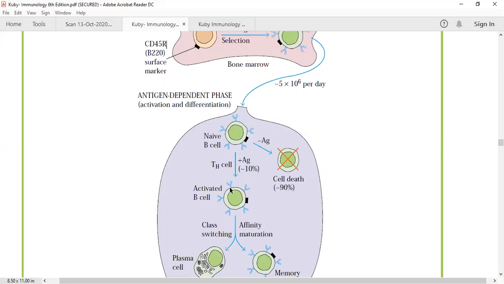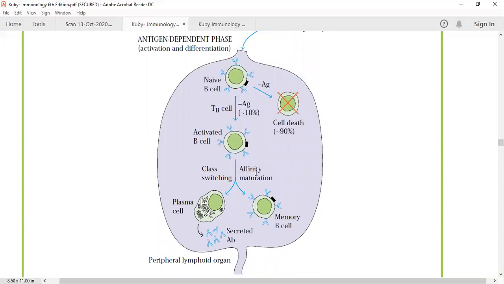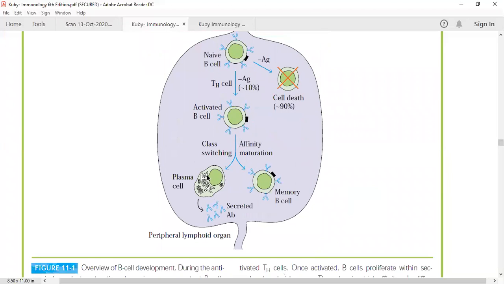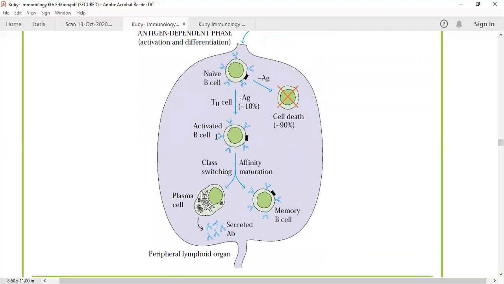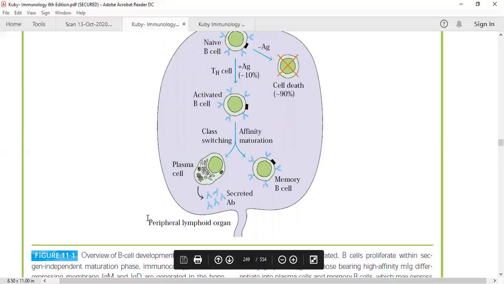They can efficiently bind with the new antigens or epitope. So affinity maturation and class switching are both very important processes which happen in the secondary lymphoid organs. We were discussing these peripheral lymphoid organs.